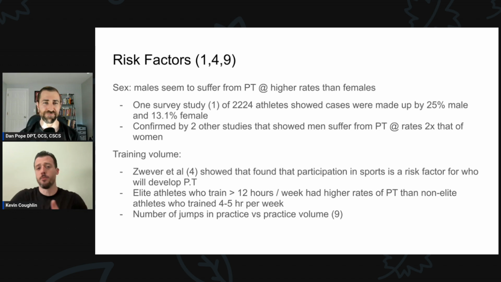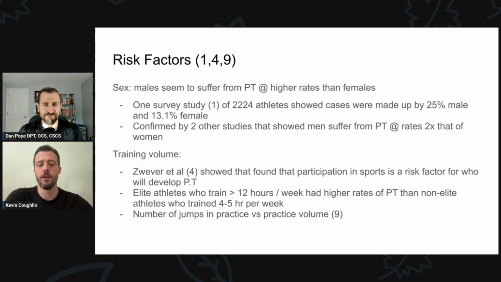All right. And then in terms of risk factors for patellar and quad tendinopathy, we do see this is one condition where males tend to get these types of tendon pains a little more frequently than females do. There was one study that had about 2,200 athletes, and the rates of tendinopathy were 25% male and 13% female. So about double for men in that study.